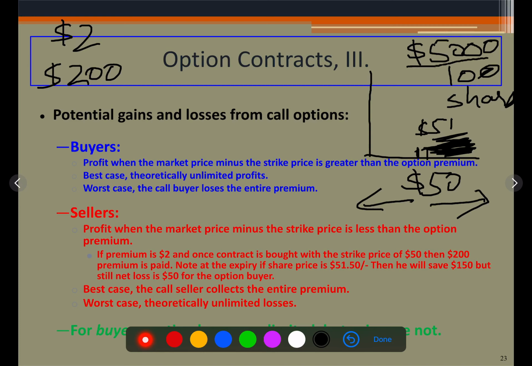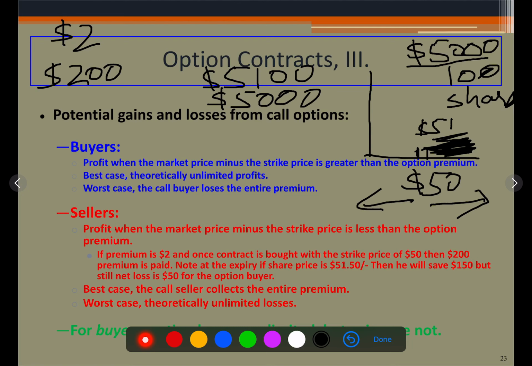But does it mean he generated a profit? He just saved $100, because in the stock market he had to pay 5,100 to buy the 100 shares, but he simply needs to pay 5,000 to the seller of the call option, right?